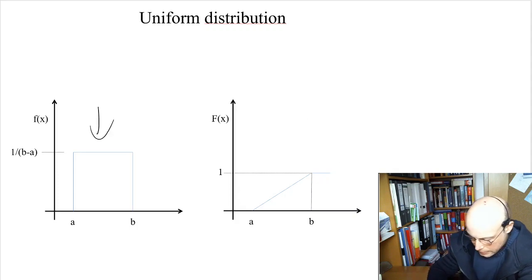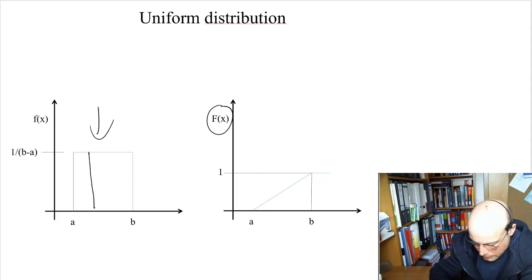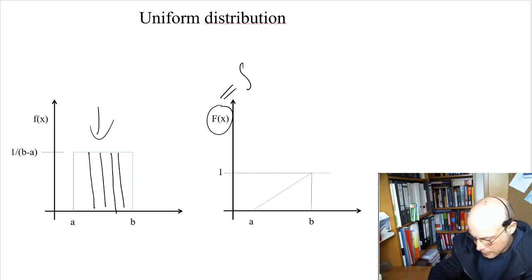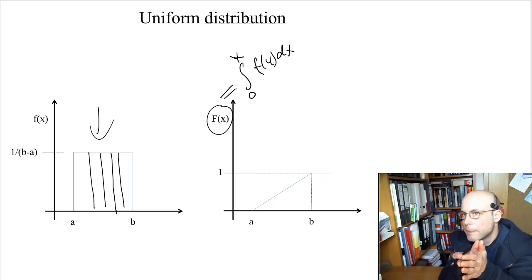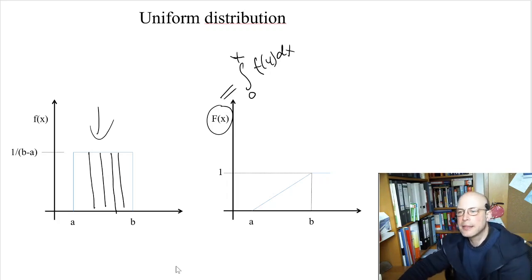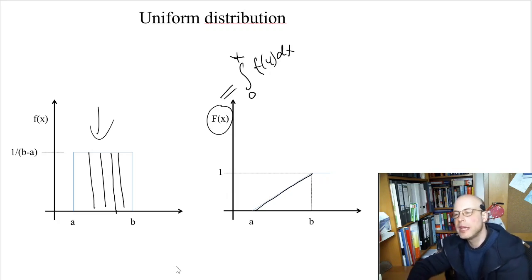This we already had. And if we go to the cumulative distribution, of course, if I am always adding the same probability, because F of x is the integral of f of y dy, and in the same length we always add the same numbers, then we obtain for our cumulative distribution a linear function ending up, of course, at 1.